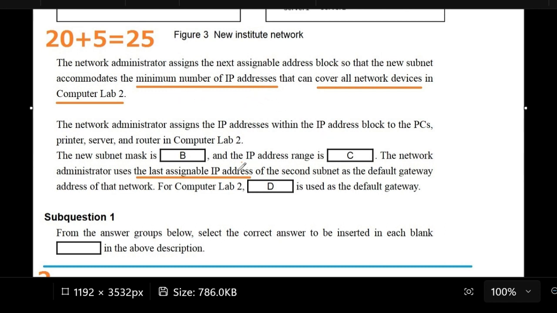The other thing here is that for the letter D, which is the default gateway, we will be assigning the last IP address. We do know that we have a range, and we need to get the last assignable IP address from that range.